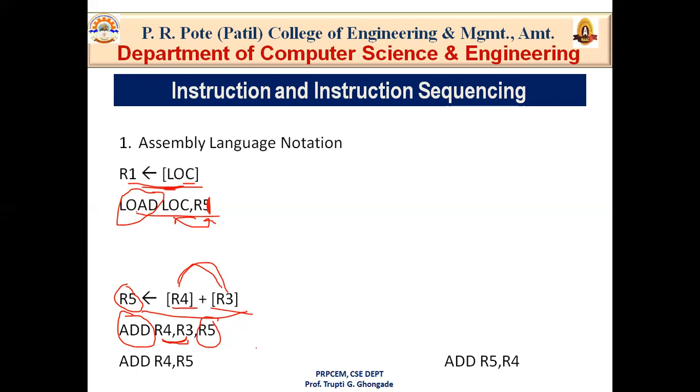Then in the execution phase, we have to perform the arithmetic and logic operation, and next we have to store the result. After performing the addition of the contents of these registers, we store the result in R7, because our instruction is add R5, R6, R7. That is, adding R5 with R6 and storing the result in R7. That is done in the execution phase.